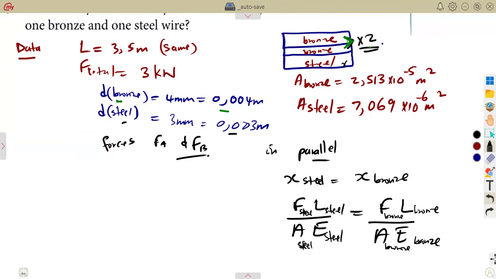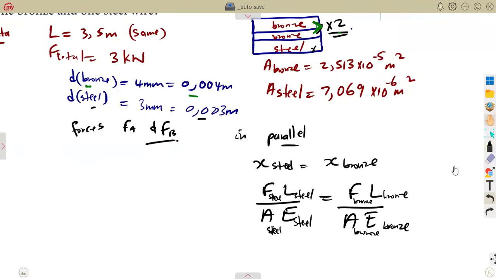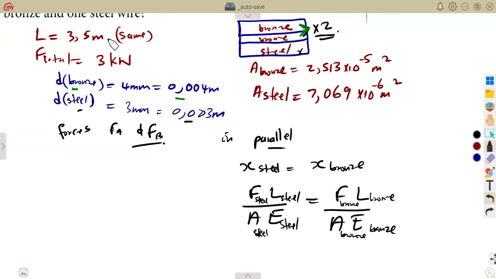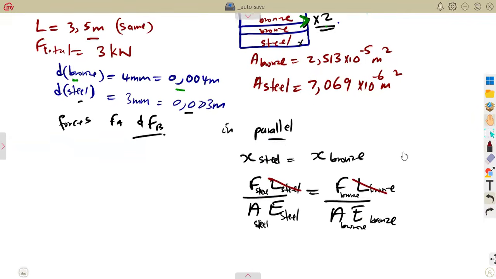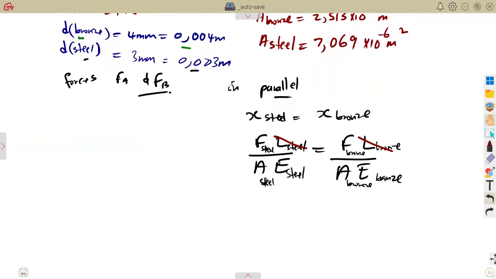So if we consider that concept again, that the length is the same because they were in parallel, the length for steel and the length for bronze is the same. So that part was going to cancel. And we saw that we can manipulate and make one the subject to another. You can make F steel the subject, you can make F bronze the subject. In this case, I'm just going to make this the subject. So I'm going to multiply by the area of steel and the E for steel.